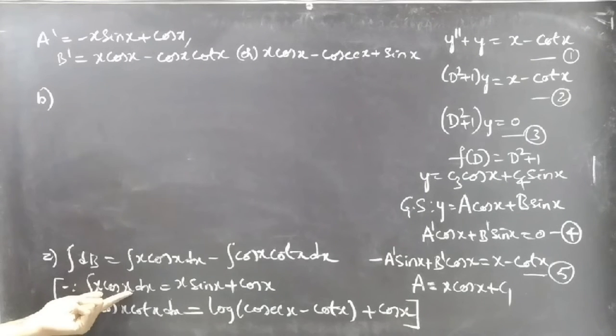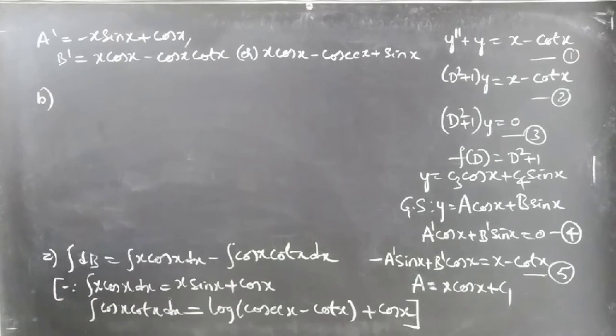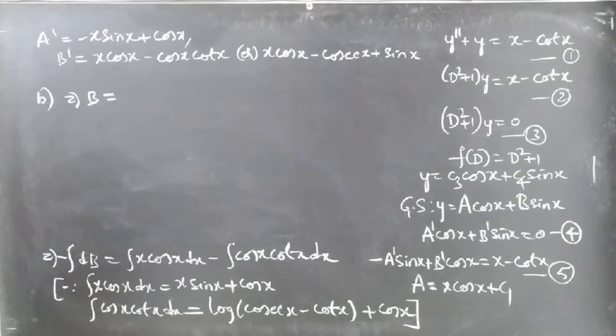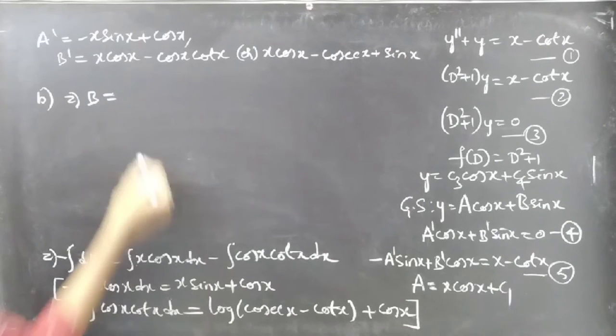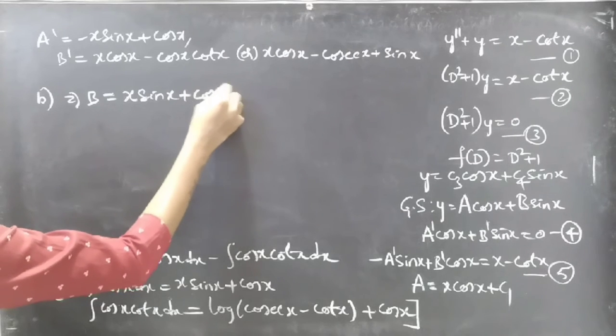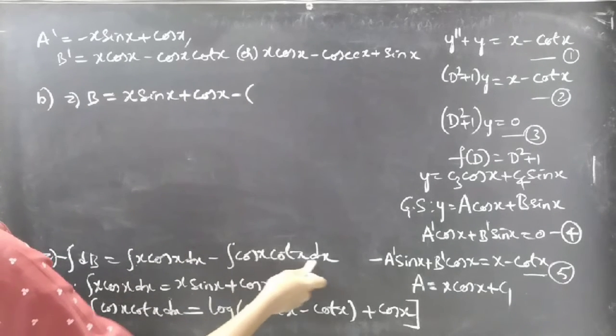Since integral x cos x is x sin x plus cos x and integral cos x cot x is log of cosecant x minus cot x plus cos x, this equation becomes integral dv b equal to integral x cos x dx, which is x sin x plus cos x, minus integral cos x cot x dx.